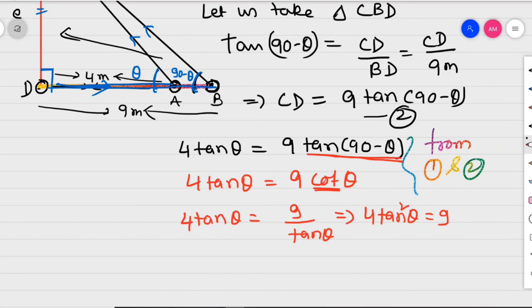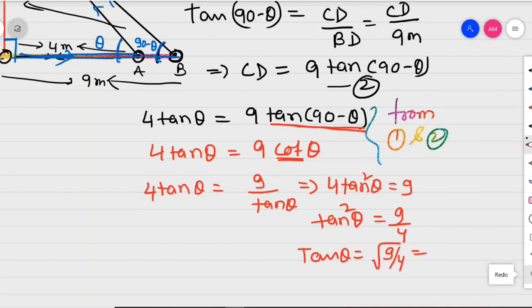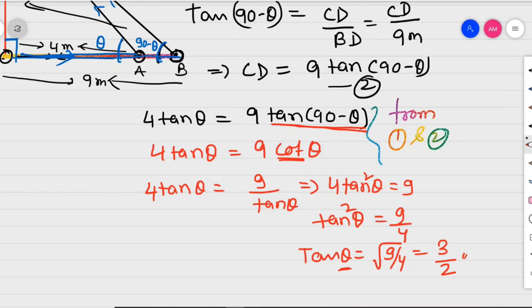So tan square theta will be equal to 9 by 4, and tan theta will be equal to square root of 9 by 4. Since theta is less than 90, you can directly write down 3 by 2, positive. We will take positive, since when theta is less than 90, the values are positive. So tan theta is 3 by 2.